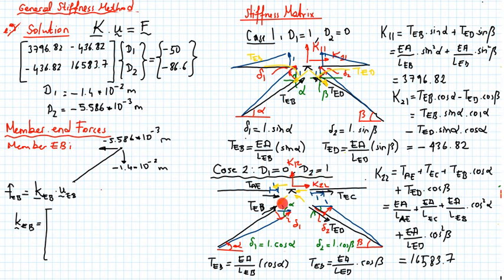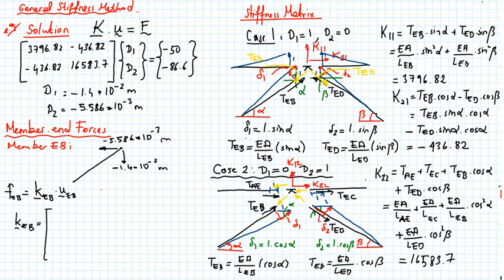So this is the equation that we are going to write. TEB times sine alpha is equal to EA over L sine square alpha. TEB times cosine alpha, I didn't write it here, but TEB times sine alpha, I should multiply it with the sine alpha, will give me TEB times sine alpha and cosine alpha.